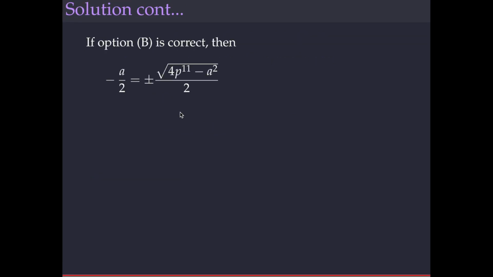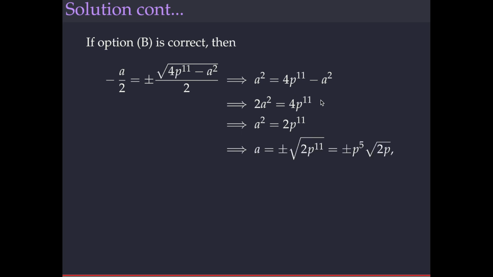Squaring both sides, the 2 cancels. A square equals 4p to the 11 minus a square. Bringing this a square over, I get 2a square equals 4p to the 11. A square equals 2p to the 11, and hence a equals plus minus square root of 2p to the 11, which equals plus minus p to the 5 times square root 2p.